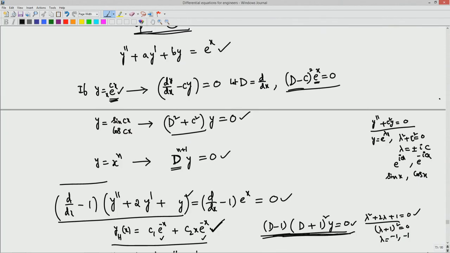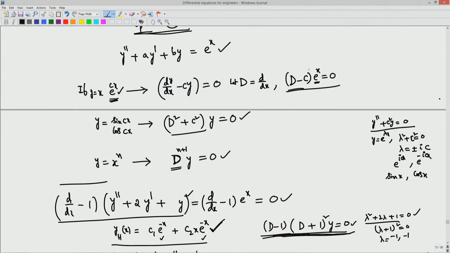It will be D minus c whole square. If y is x into e power cx, e power cx is the solution for this. If c is a repeated root, then e power cx is one solution, and x into e power cx is another solution.